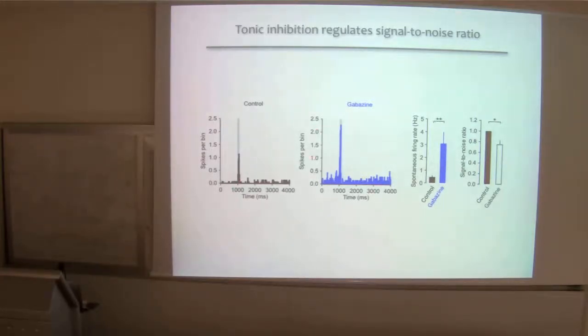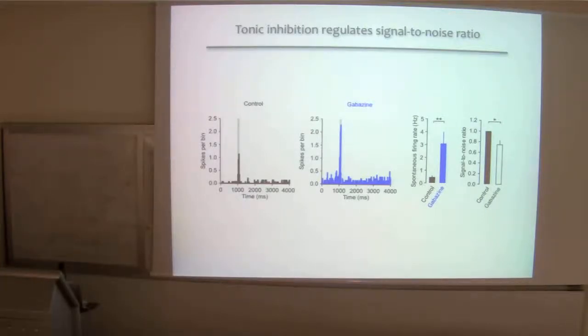And yes, you do get an increase in the sensory-evoked spiking, about twofold, from 3 spikes to 6 spikes. But in terms of the spontaneous spiking, there's a 6, 7, 8-fold increase. So when you look at the signal to noise, which is the important part in sensory information processing, the signal to noise ratio is actually decreased.